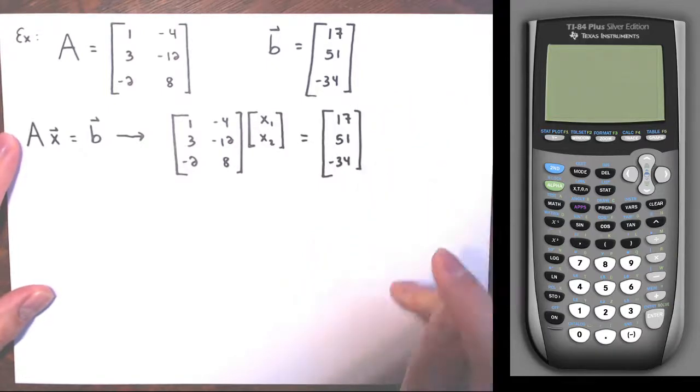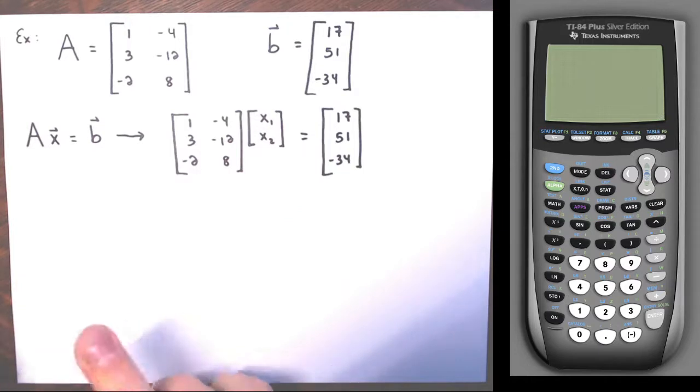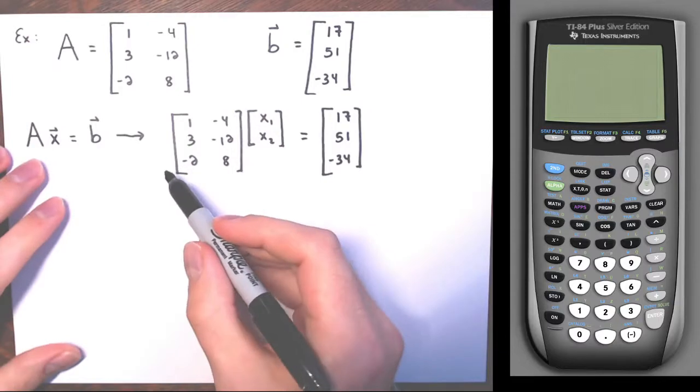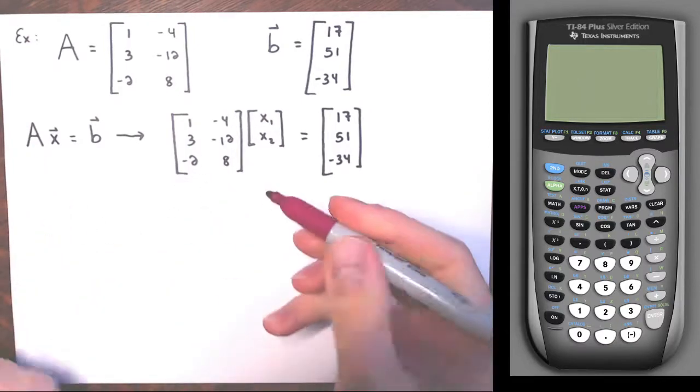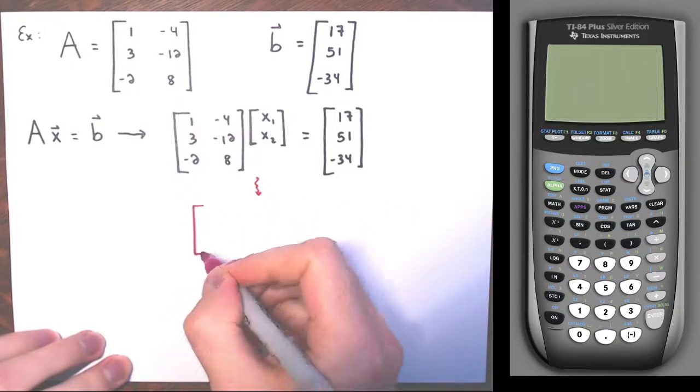And what I'm going to do here is solve it the way I would normally solve a system of equations. I'll set up an augmented matrix. So here's the augmented matrix for this system.